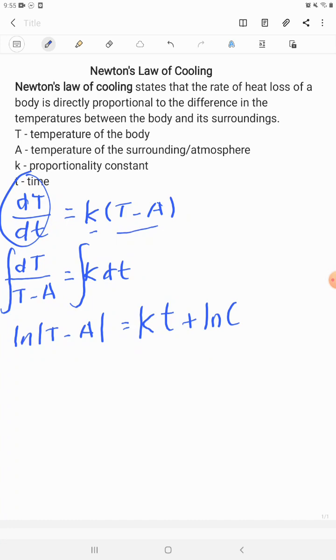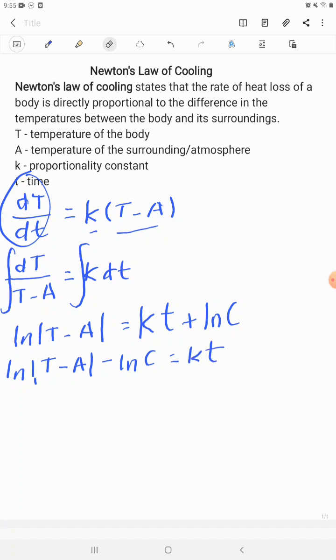Then we transpose ln of c to the left side of the equation, so that all the logarithms are on the same side. So ln of the absolute value of T minus A, minus ln of c, equals kt.